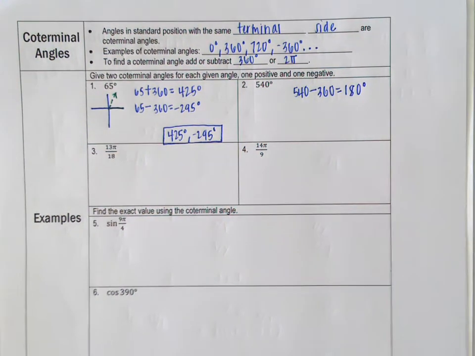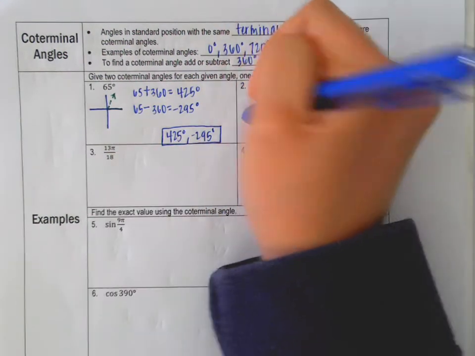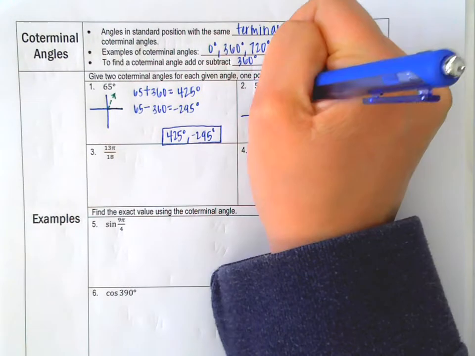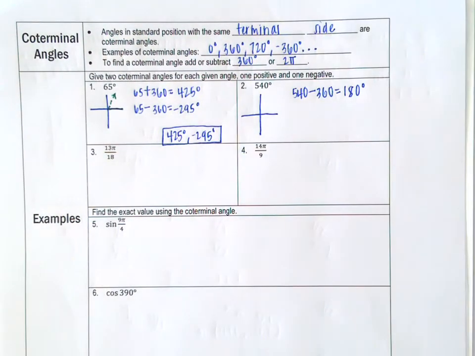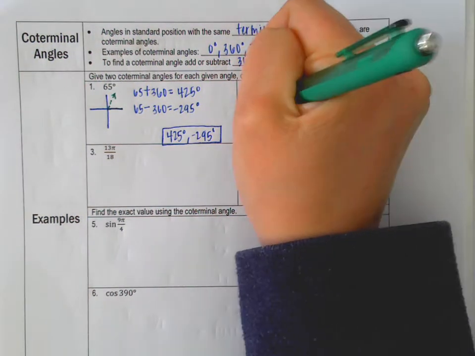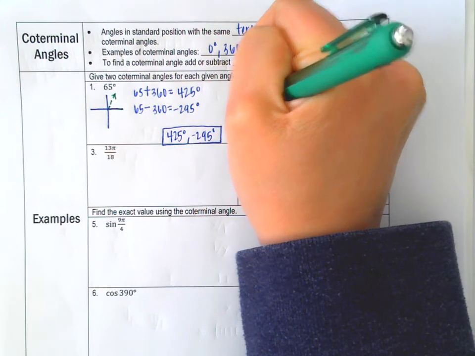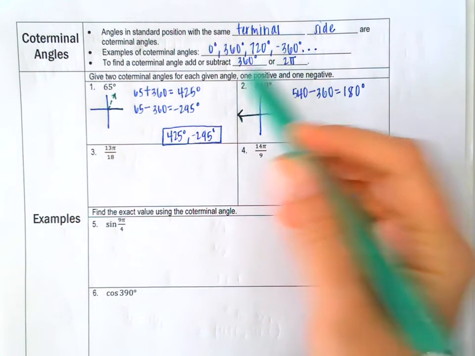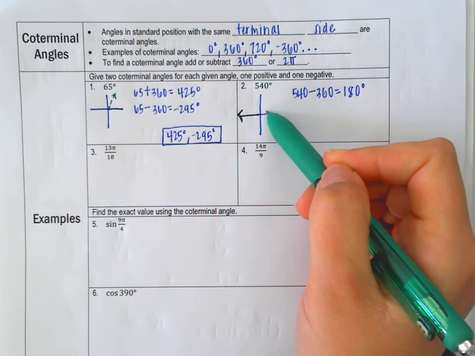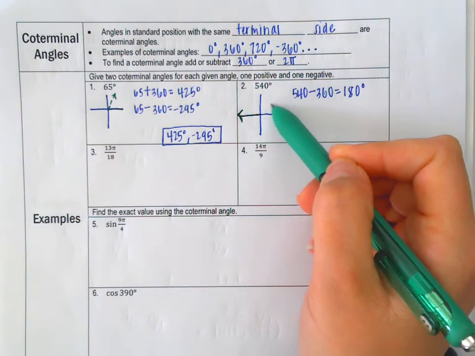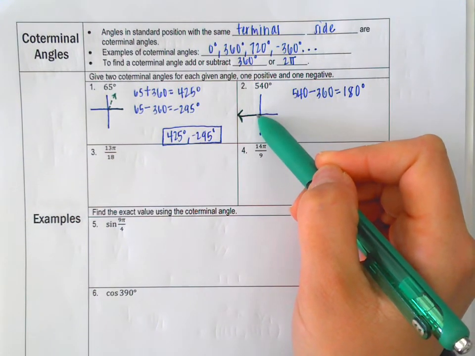So 540 and 180 are coterminal angles, which means, we know where 180 is on my graph. 180 is over here, right? So that means 540 is 180 plus another whole 360 to get back there.